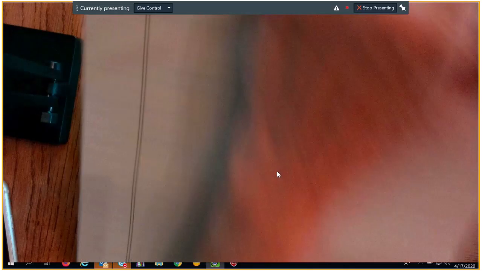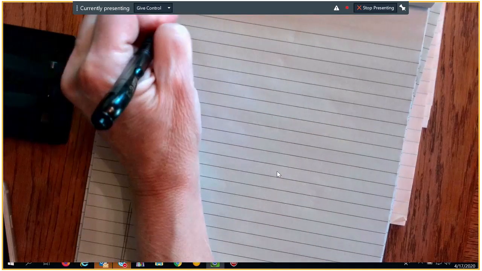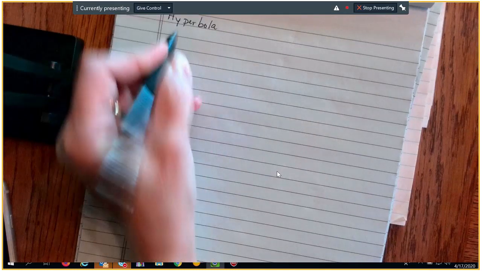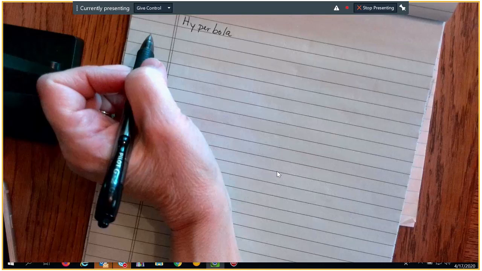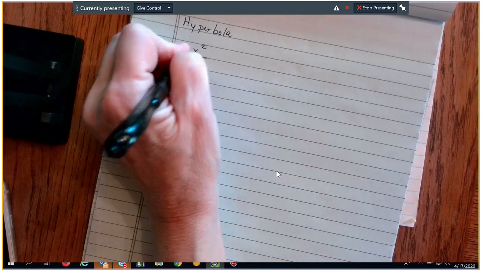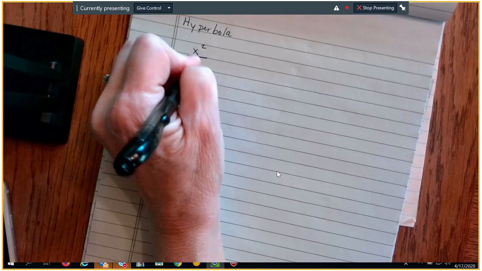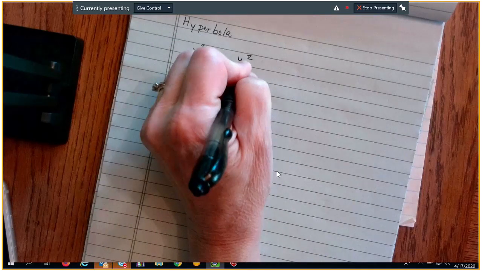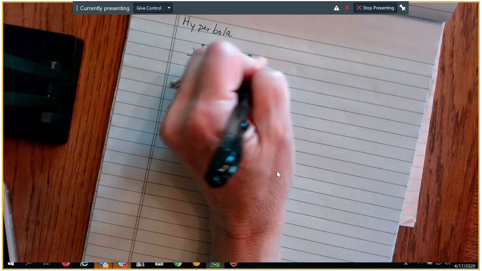Now, when we're looking at this, the standard equation for a hyperbola is x squared over a squared minus y squared over b squared equals 1.